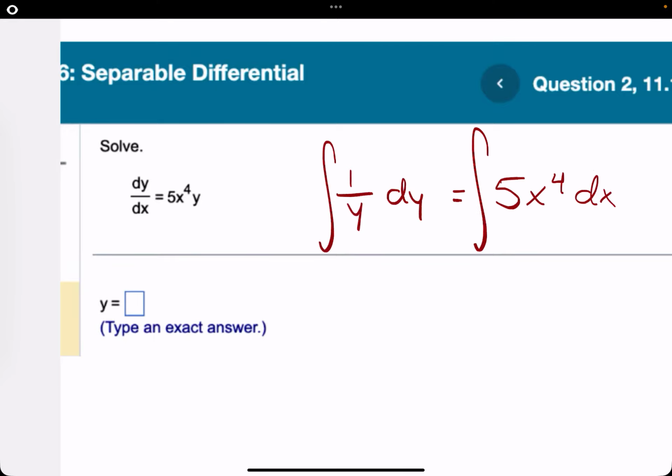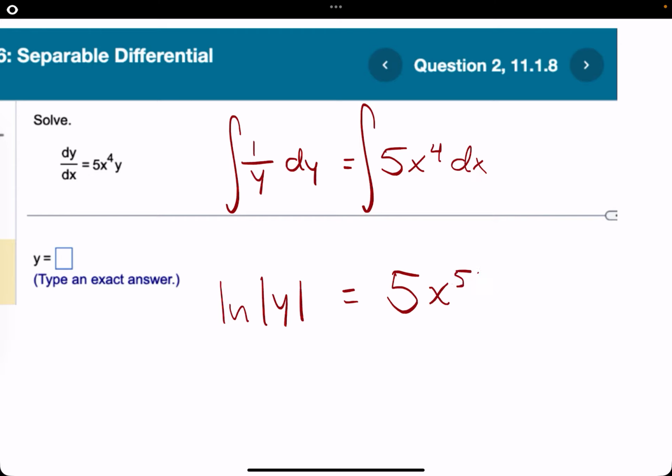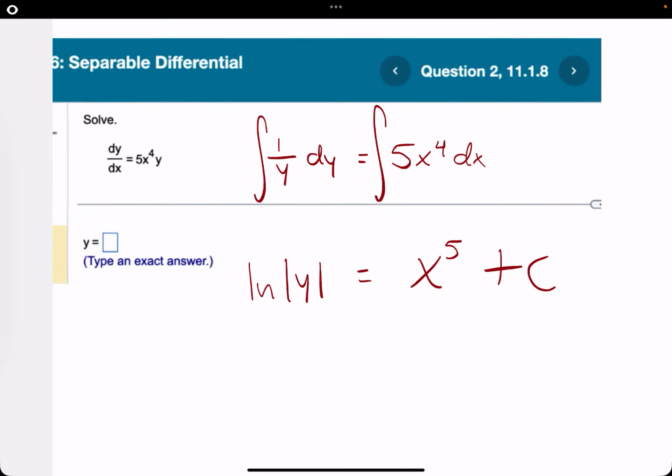Once we have it separated, we integrate both sides. The antiderivative of 1 over y is the natural log of the absolute value of y. On the right side, 5x to the 4th goes to 5x to the 5th over 5. Those cancel, so it's just x to the 5th, because x to the 5th has a derivative of 5x to the 4th, right? And don't forget to add c.